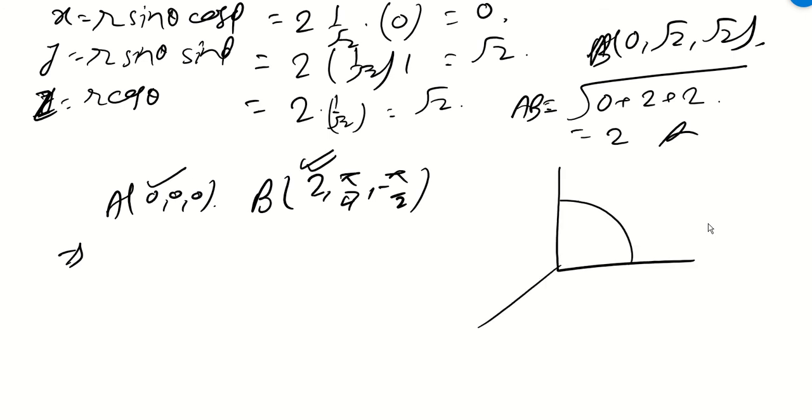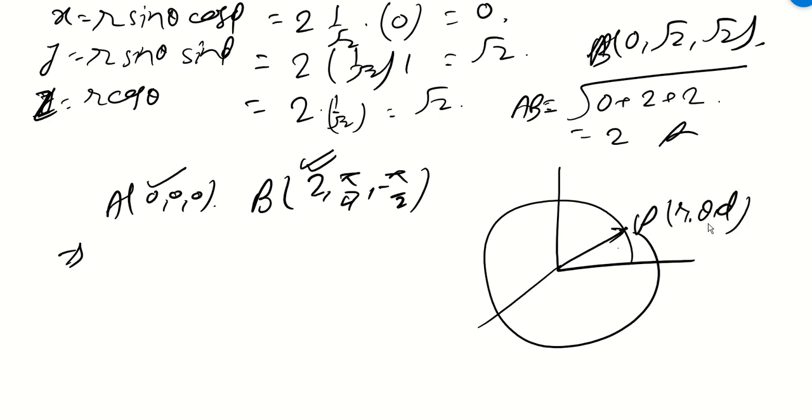So the radial distance, what is the distance of point P with r, theta, phi? Basically this is the r distance. So from 0 it is r. So directly you can tell the distance from origin to this point B will be r, which is equal to 2. What we got here also, the same thing you are getting.